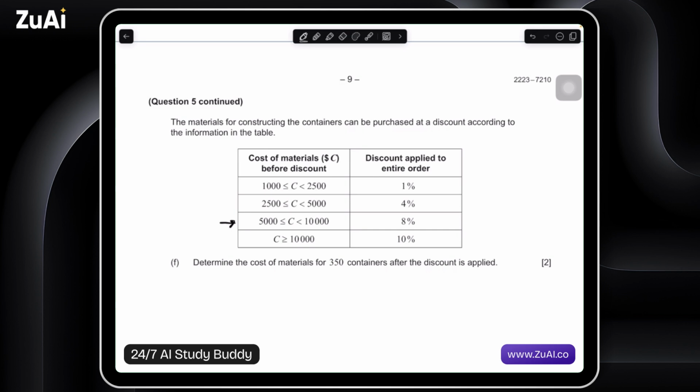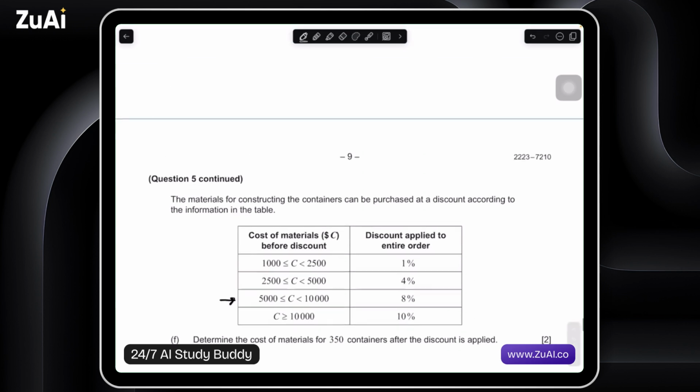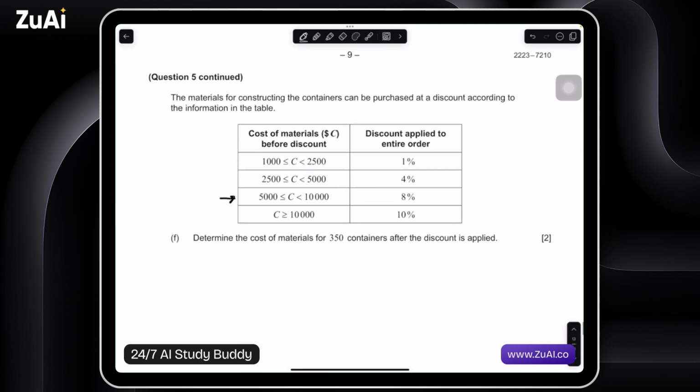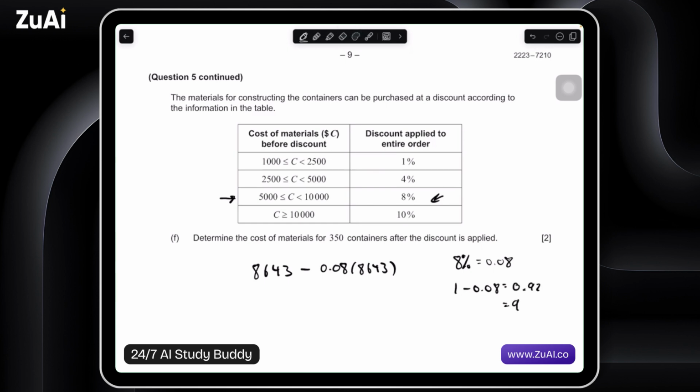Okay, so we have to pay $8,643, but we have an 8% discount. So let's take away 8% of 8,643. If you're comfortable as well, 8% is equal to 0.08, and 1 minus 0.08 is equal to 0.92, or essentially 92%.